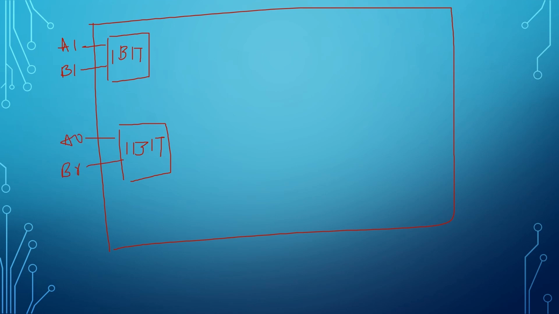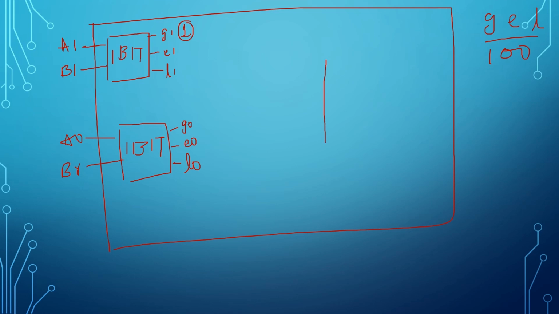We know what outputs we get: G1, E1, L1, G0, E0, L0. Now if A1 is greater than B1, G1 will become 1. Blindly we can say the main output GEL is 1, 0, 0.